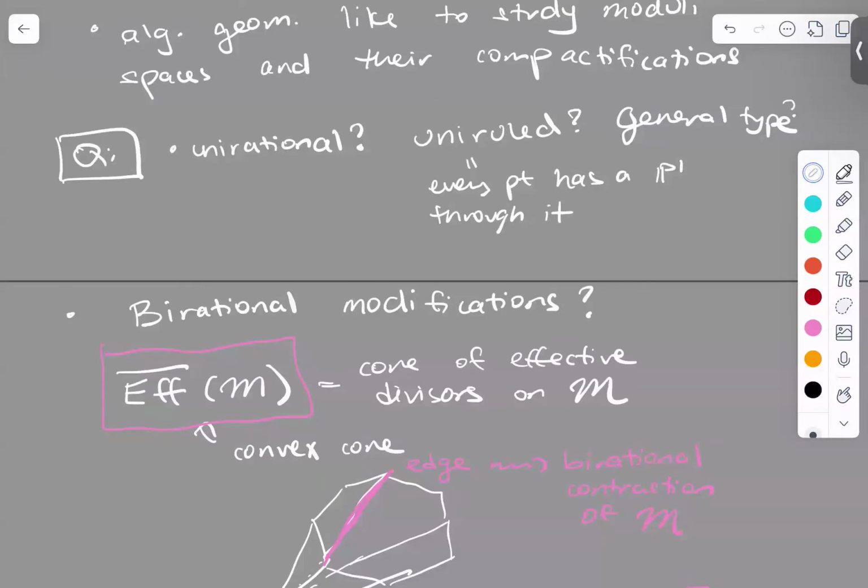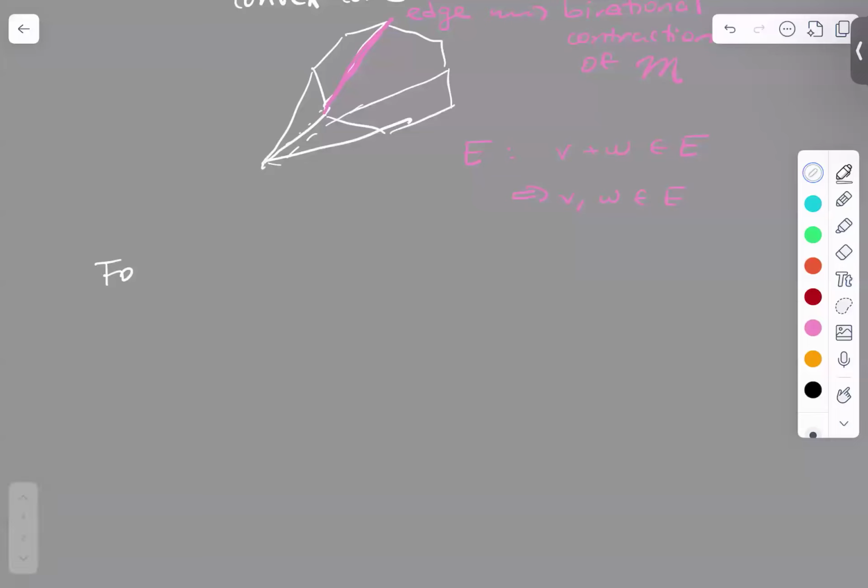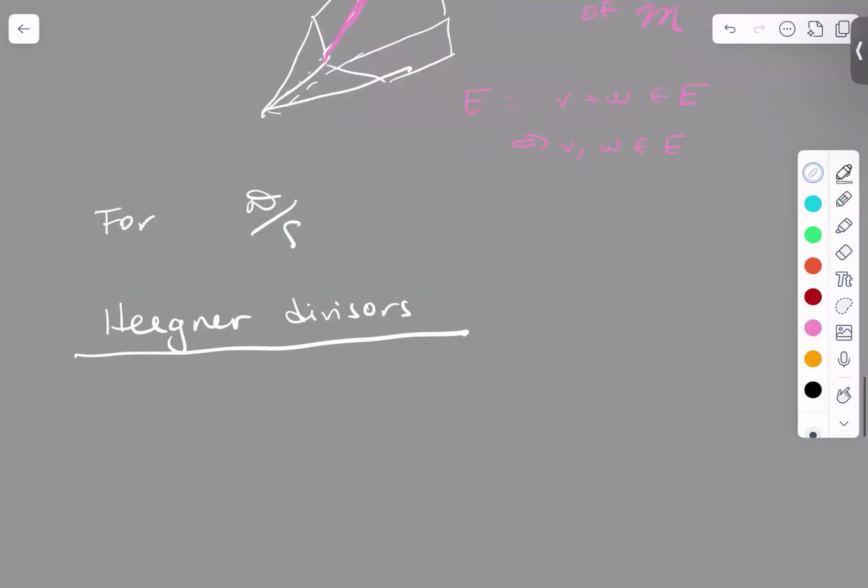And so for an orthogonal modular variety of the form that I gave, what's an easy way to produce divisors? Well, we can produce divisors via these Heegner divisors. So what's a Heegner divisor?